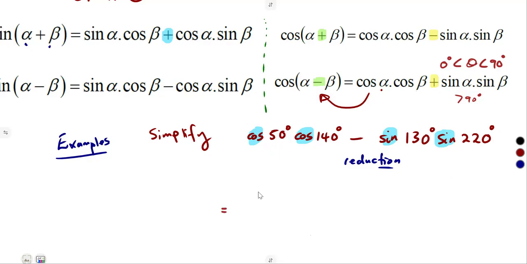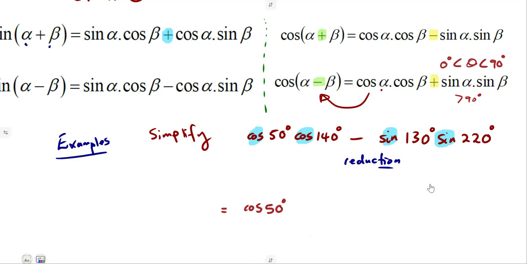There's nothing that we can do there. So that's cos 50 degrees. The cos of 140 degrees, this one, is more than 90 degrees. So we have to reduce this one.